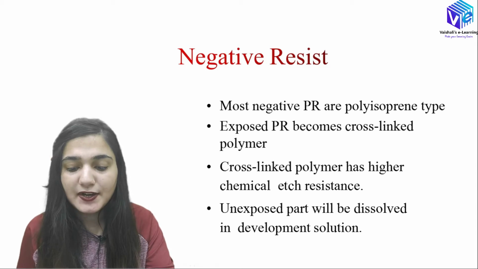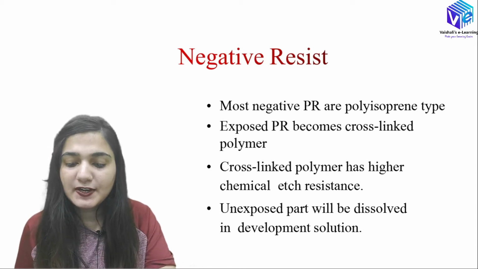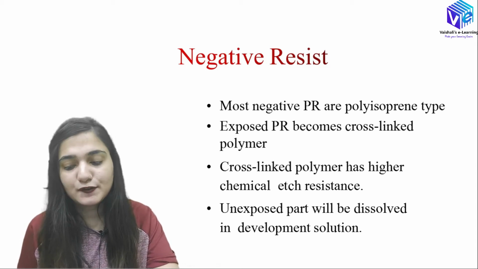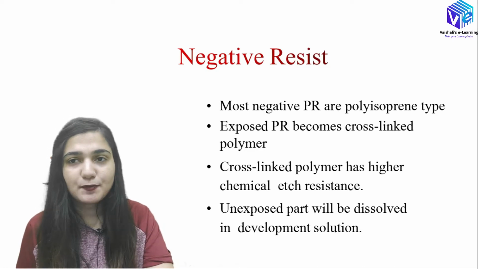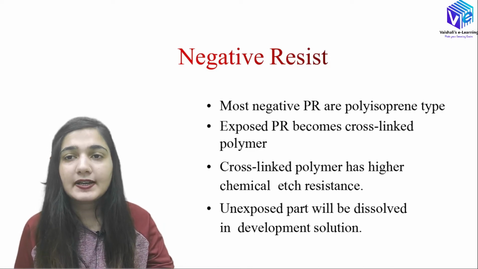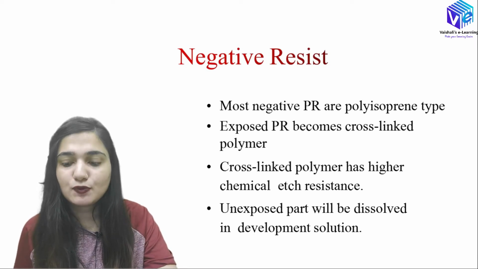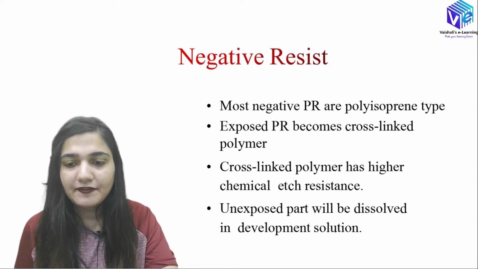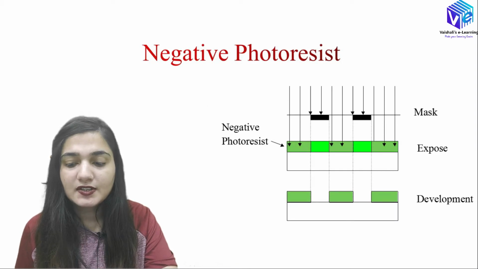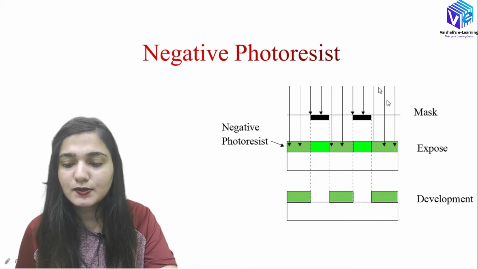So the unexposed part will be dissolved in the development solution. The exposed part becomes hardened and the unexposed part is the softer part which will be dissolved in the developmental solution. So this is how the negative photoresist works. Here I have the mask.